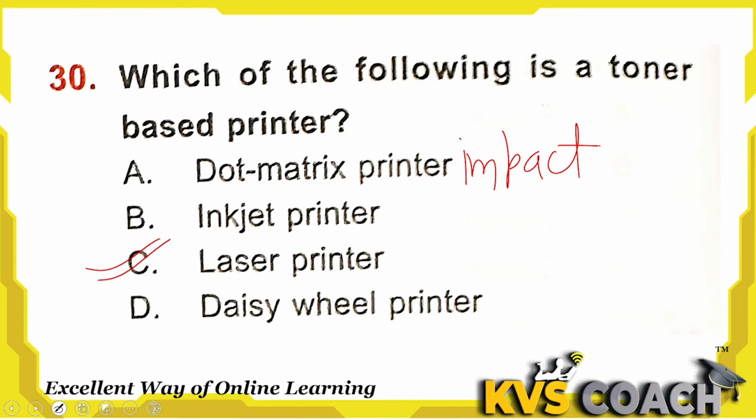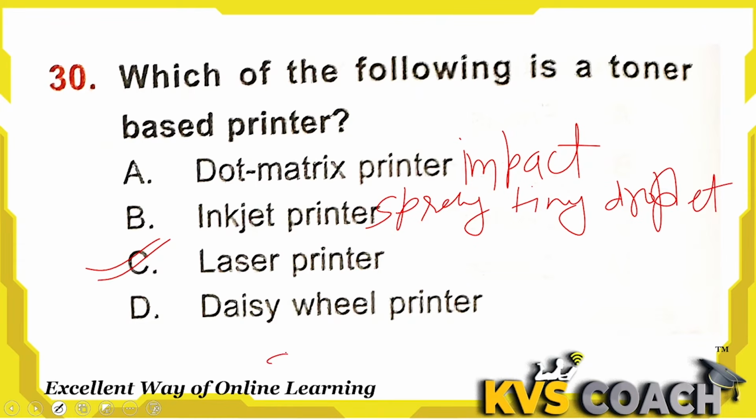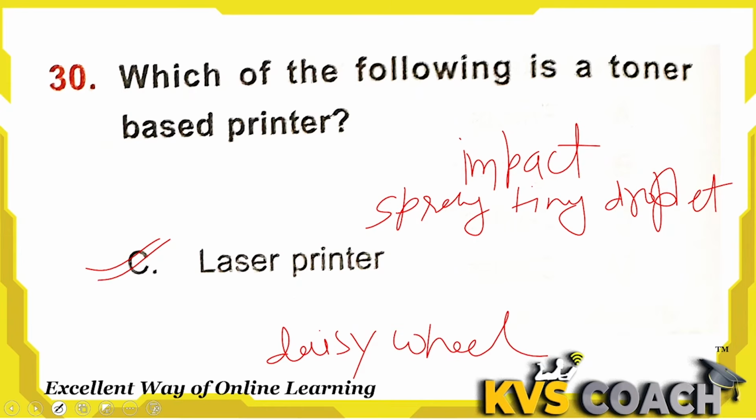Okay, that's why it is known as a dot matrix printer. And inkjet printers spray tiny droplets, so that is why it is known as an inkjet printer. Okay, and the daisy wheel printer works on a daisy wheel. But the right answer for toner printer is option C only.